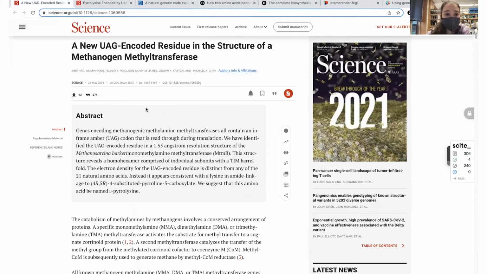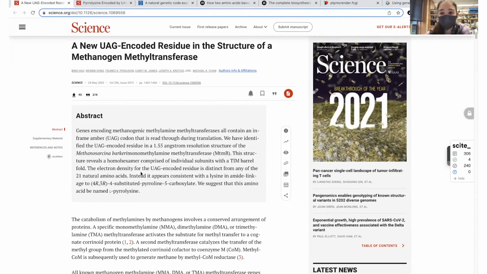This pyrrolysine was discovered in about 2002 by Joseph Krzycki and Michael Chan. They were studying these methanogens that have these methylation activities.